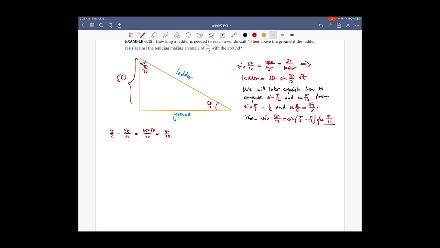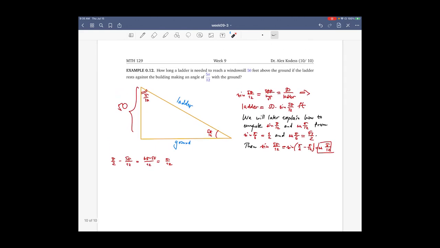And how to compute cosine of pi over 12, we will explain later once we get to double angle identities. As of now, you have to rely either on this answer as your final answer or on the calculator.